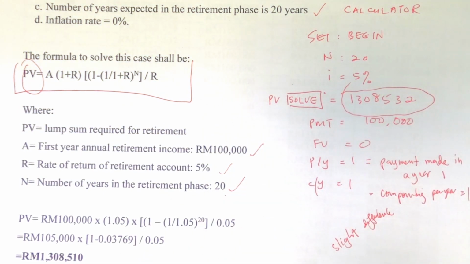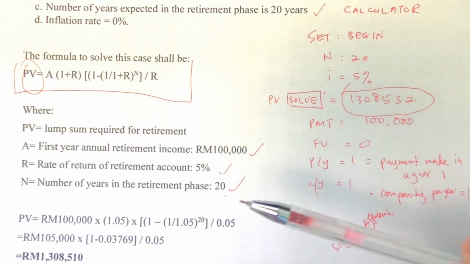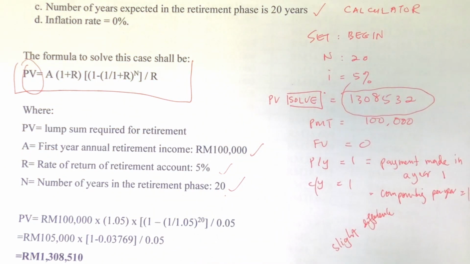However, this is very normal, where the answer from the formula and the calculator are a little bit different, so it is considered as accepted.